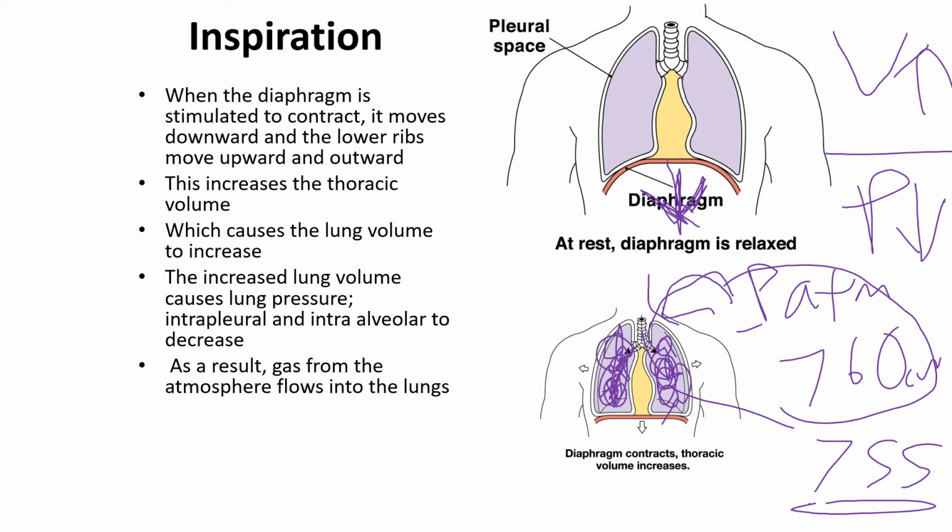Okay, so hopefully, and we'll go over this more in chapter 2 as well, the increased thoracic volume decreases the pleural pressure, which then pulls the lungs out, which increases the volume of the lungs. And then we have that pressure gradient, then gas flows in. Once again, the diaphragm contracts, which creates more negative pleural pressure.